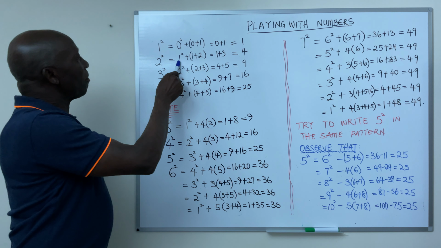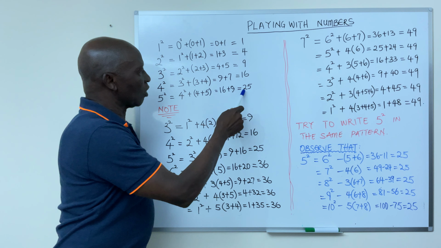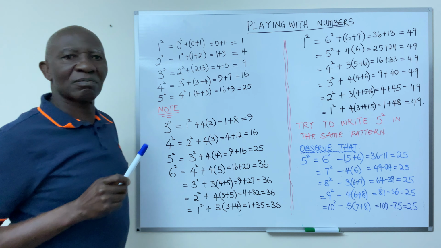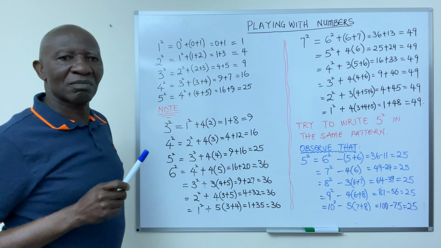Take a look at 5. What number precedes 5? That's 4. So we have 4 squared plus the sum of 4 and 5, and that gives 16 plus 9, which is equal to 25. This is a pattern.